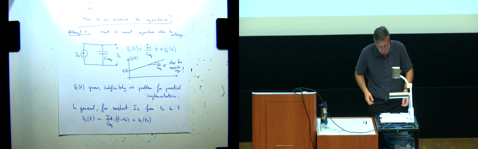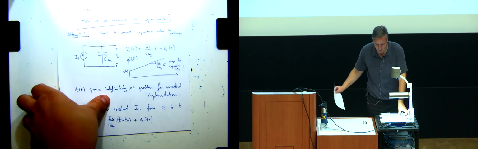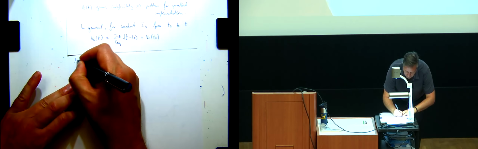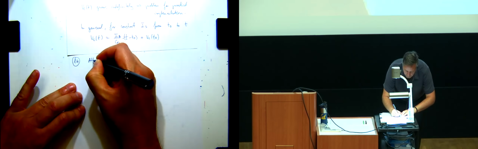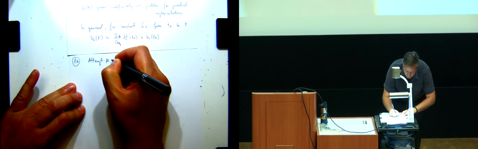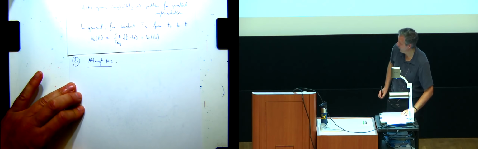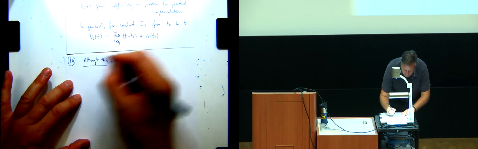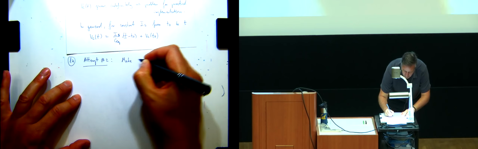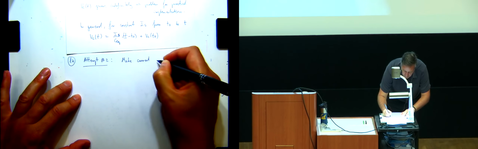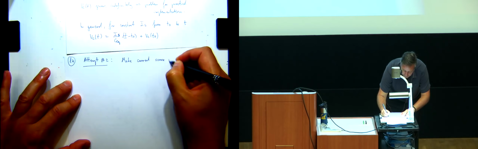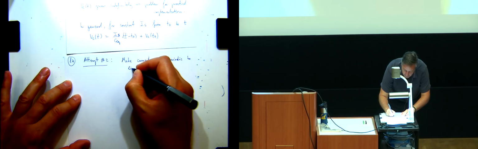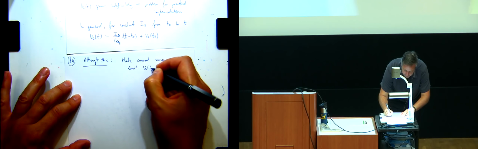Okay, so this I'm going to use to make a second attempt. So let's call this attempt number 2. So I'm going to make the current source periodic to limit Vc of t.